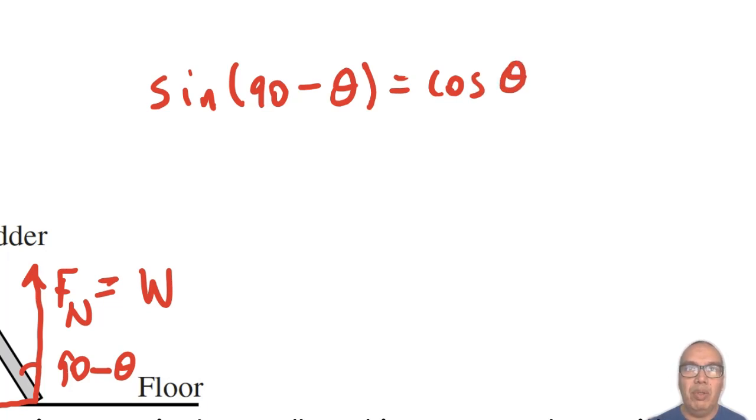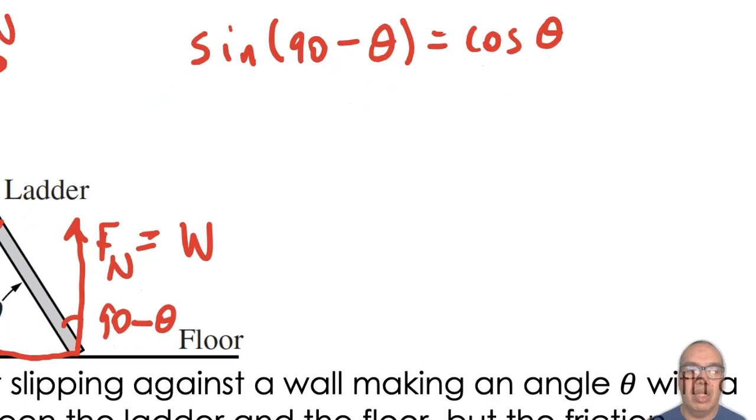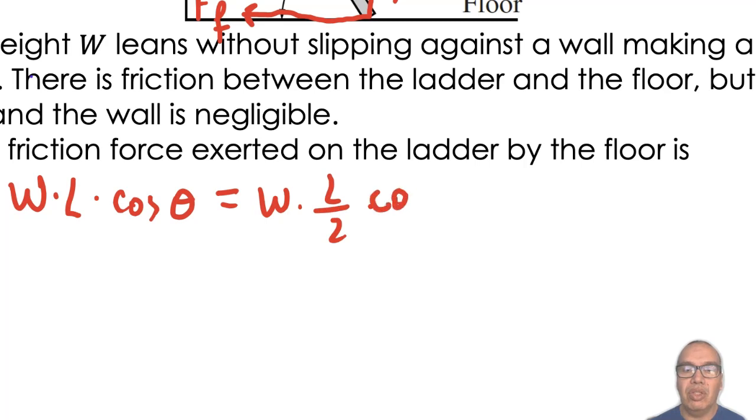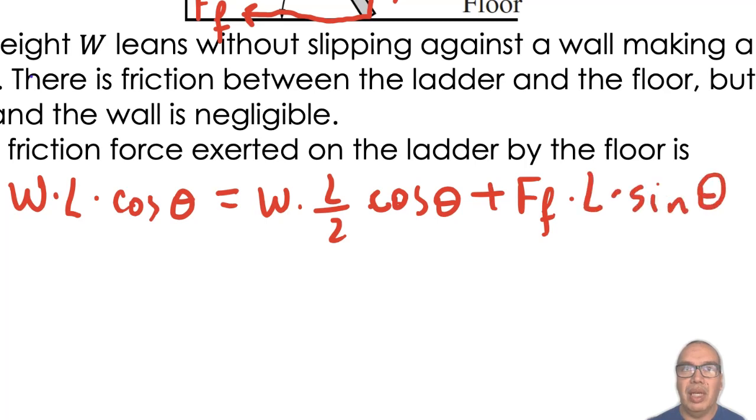So the equilibrium equation for torques goes as follows. W times L times the cosine of theta is equal to W times L/2 times cosine of theta plus friction force times L times sine of theta.